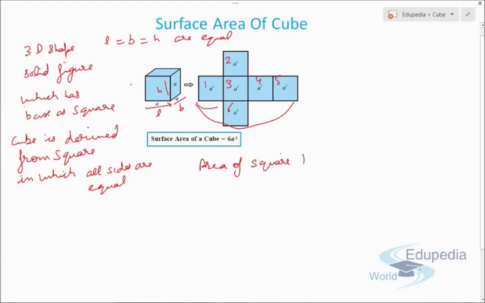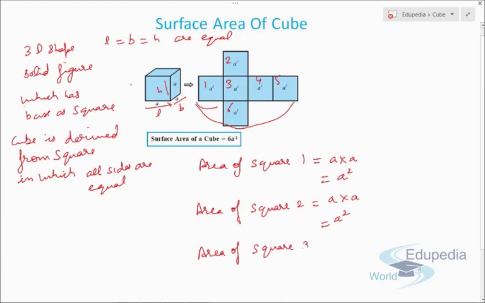So we can say that area of square 1 will be A times A, which is A square. Similarly area of square 2 will be A times A, which is A square. Area of square 3 will be A times A, which is A square.